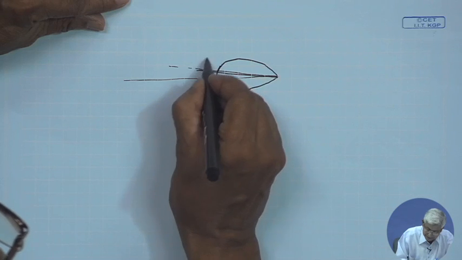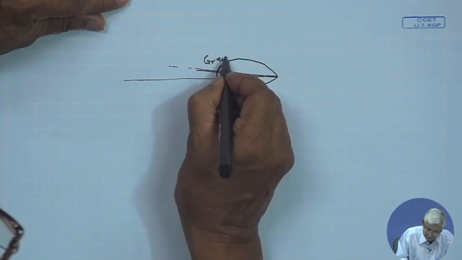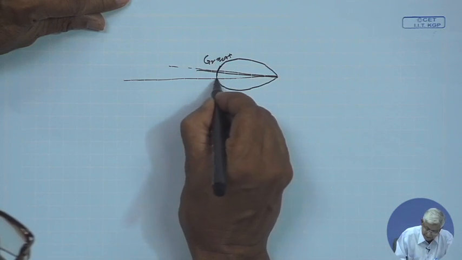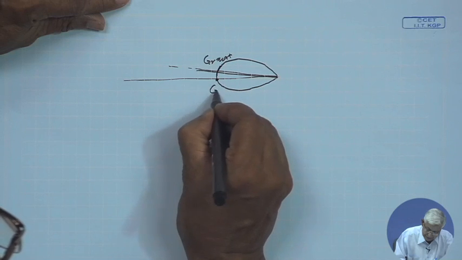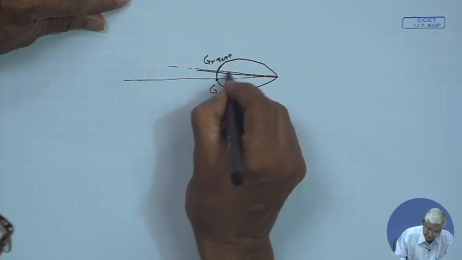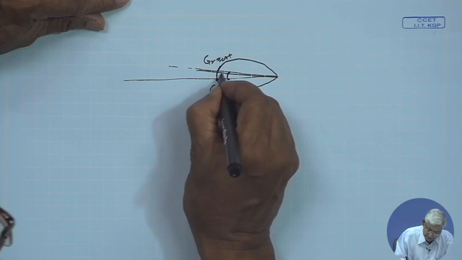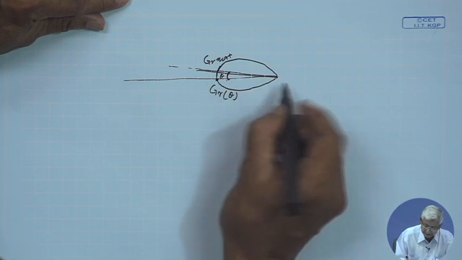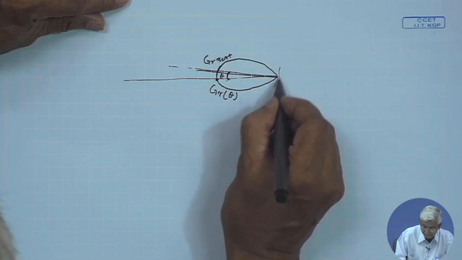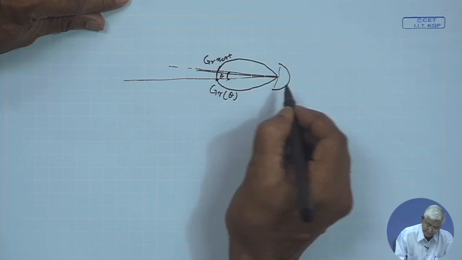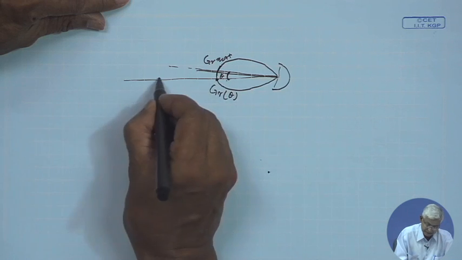Let us call this one GR max and this is the GR theta and this angle is theta. By theta angle it is depointed. This is the receive antenna.